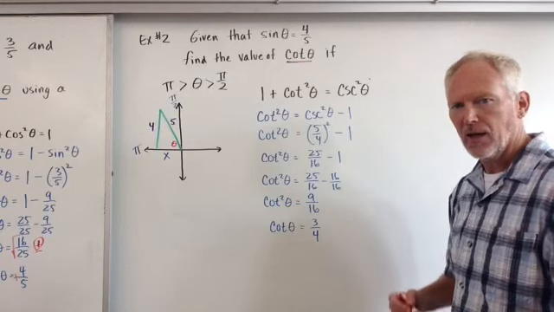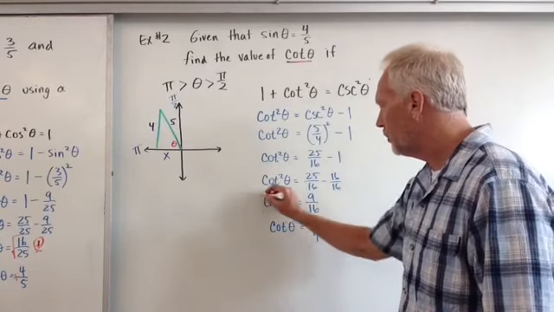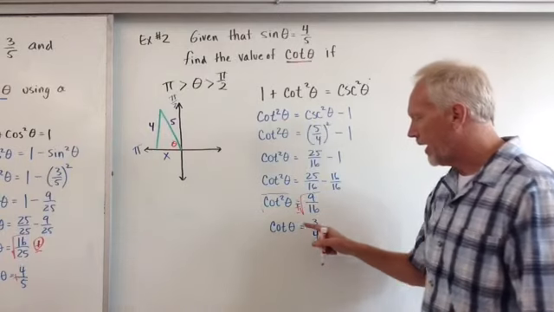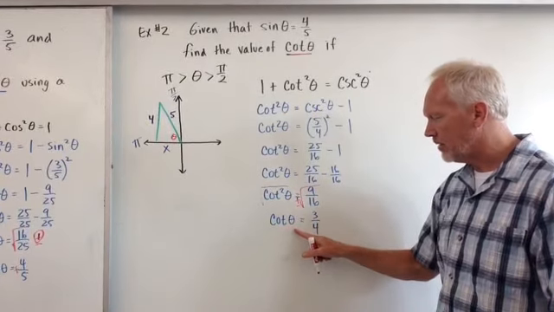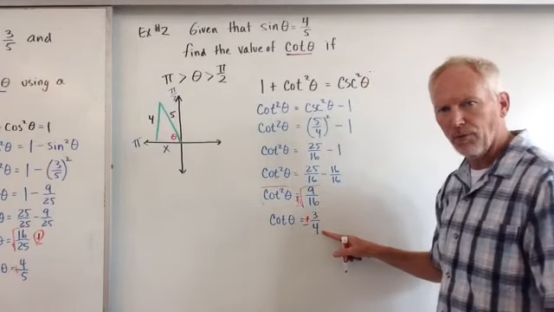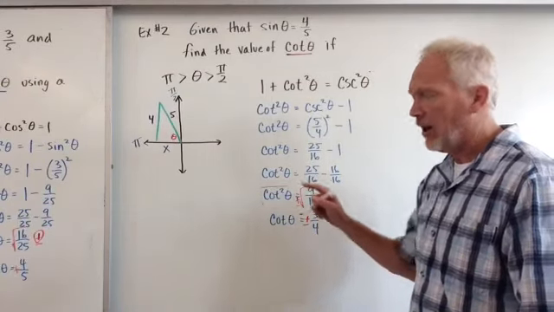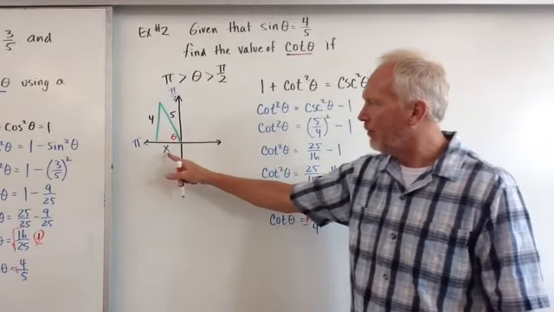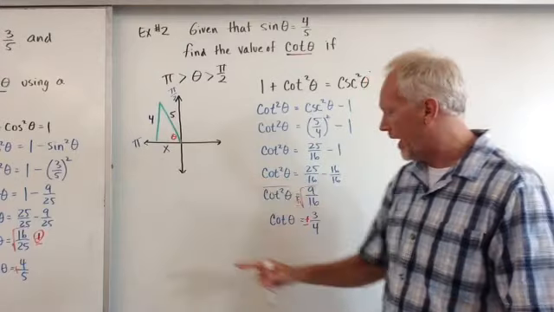Again, if I take the principal root of both sides, I get cotangent is plus or minus 3 over 4. Now, I'll ask you, pause the video, you go ahead and tell me, for what value do we want our x?